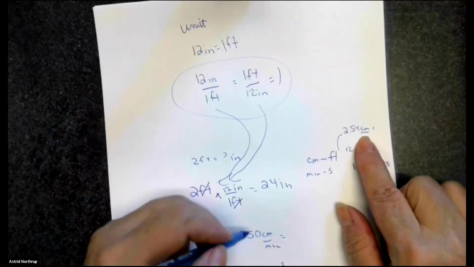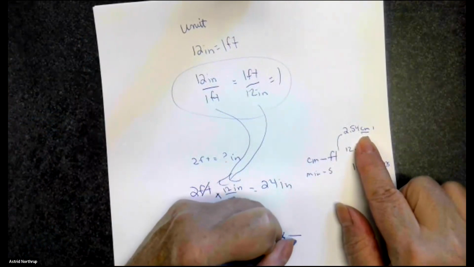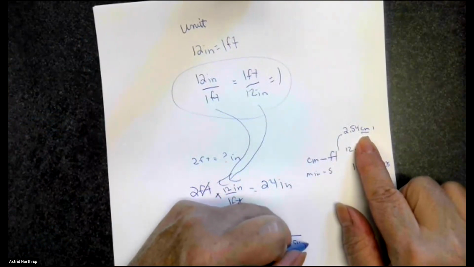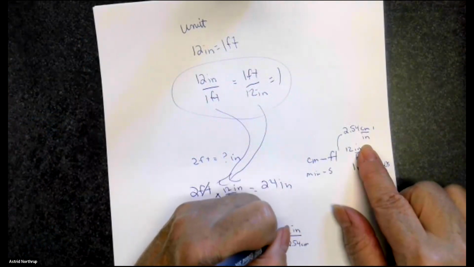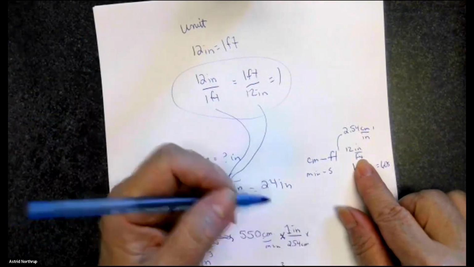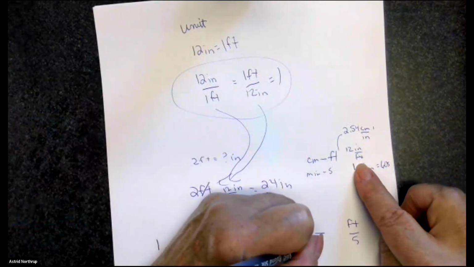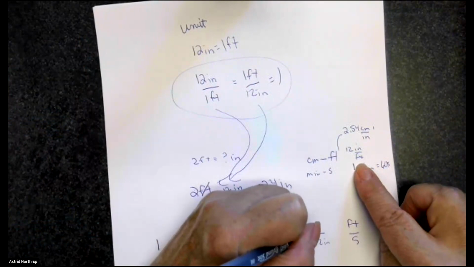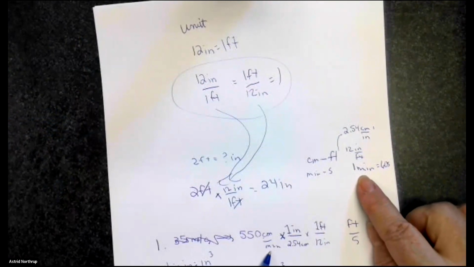All right. So let's start with this. We have centimeters in the top. So we want to put 2.54 centimeters in the denominator for 1 inch, right? And then for the next one, we have inches per feet. So once again, the 12 inches goes in the bottom and the 1 foot goes on top. Then we need to convert minutes.